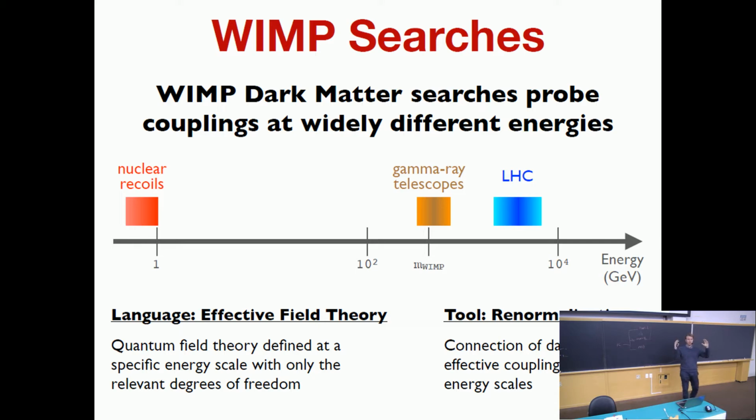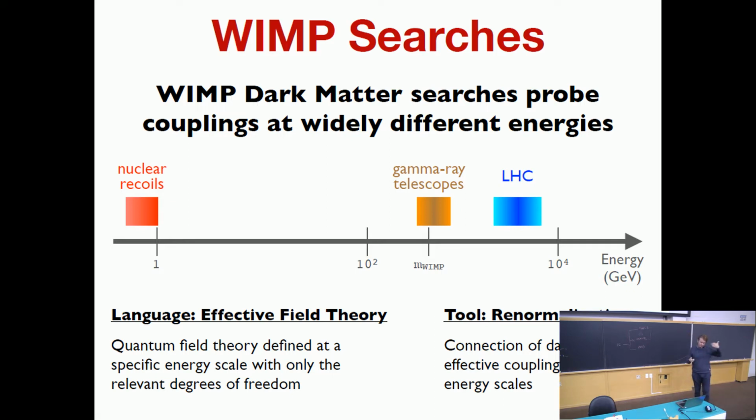For example, the Lagrangian that Fermi wrote to describe the neutron decay: we know now that this is a process mediated by the W boson of the Standard Model. But at that time, nobody knew about the W, and it was not relevant because the energy scales involved in the game are much, much smaller than the W mass. So this is the language we use.